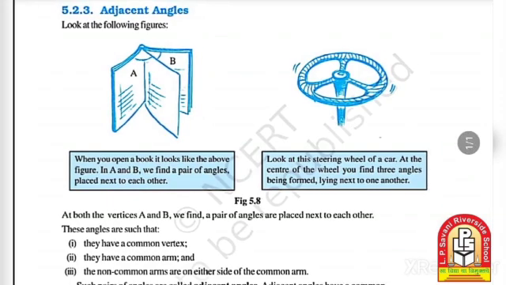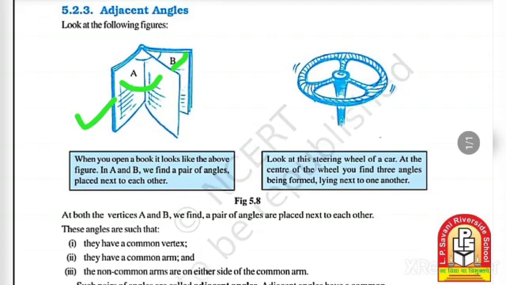In this figure you can see one book. When you open the book, it looks like the figure above. In A and B we find a pair of angles placed next to each other. So in this book there is one angle A and another angle B, placed next to each other.